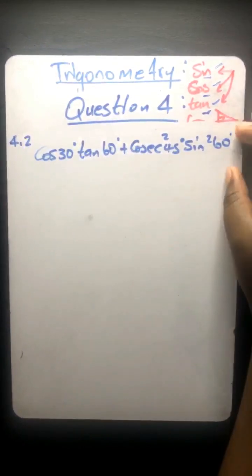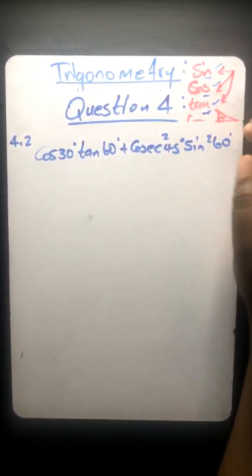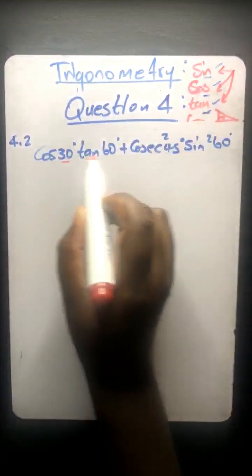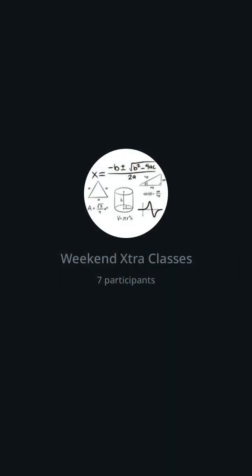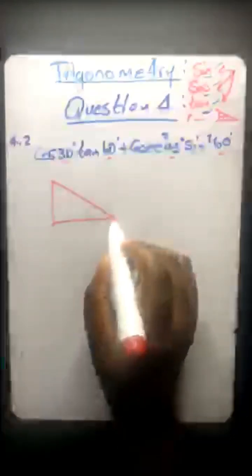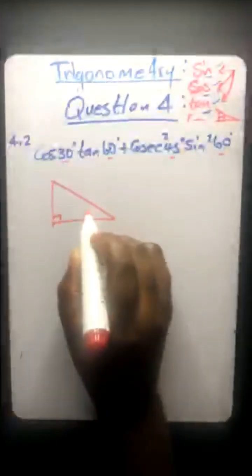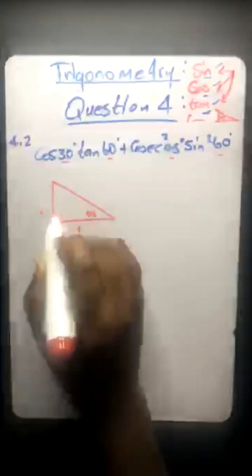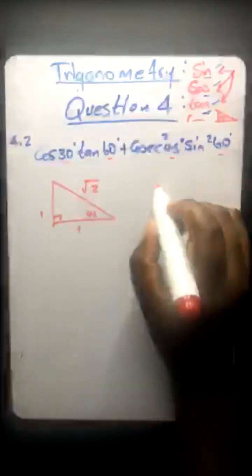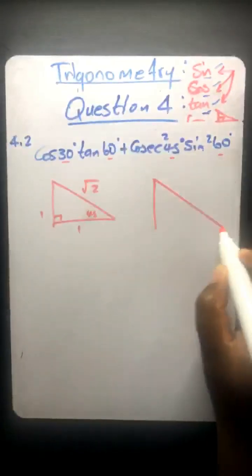So when you look at these, try to have a look at those angles. Can you see 30, 60, 45, 60? These are what we call the special angles. So let's see. I think the special angle for 45, we have 1, and then we have square root of 2 there. I'm just not sure.